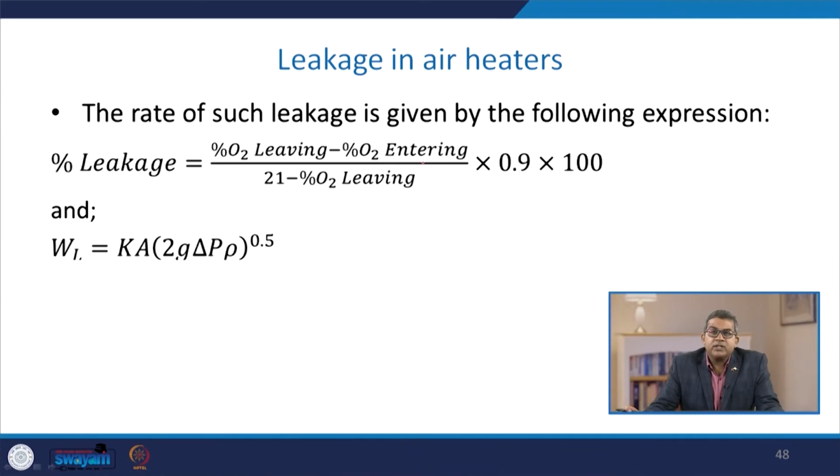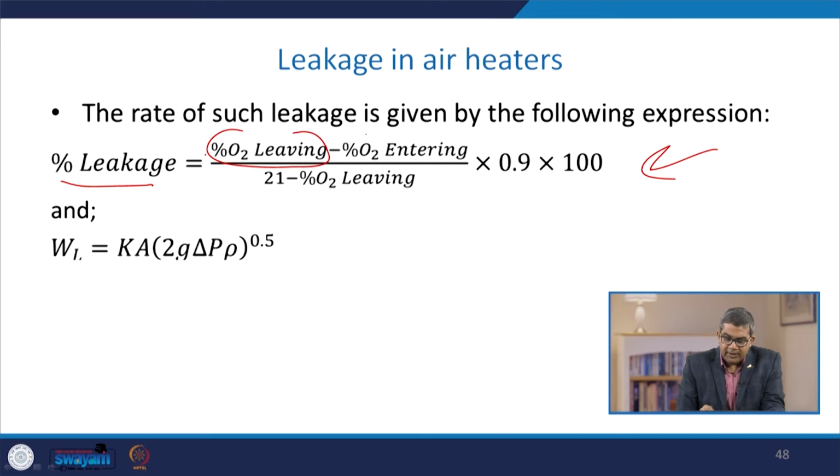Sometimes we need to calculate the rate of such leakage. The rate of such leakage is usually given by this mathematical expression: percentage of leakage is equal to percentage of oxygen leaving minus percentage of oxygen entering, divided by 21, that is the percentage of oxygen in air, minus percentage of oxygen leaving, multiplied by 0.9 into 100.